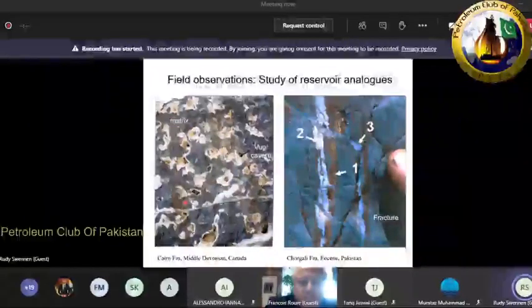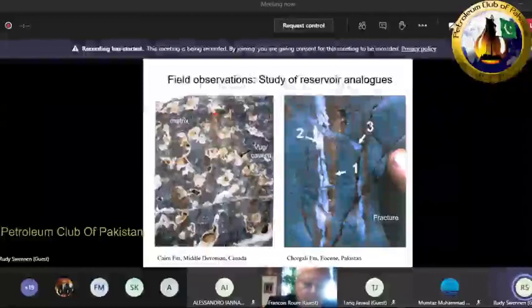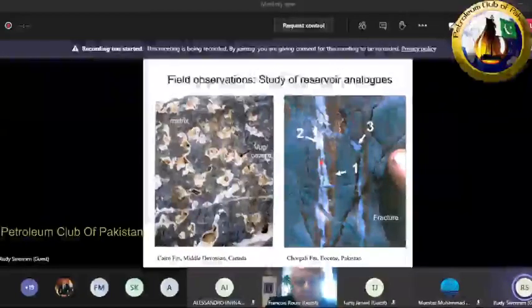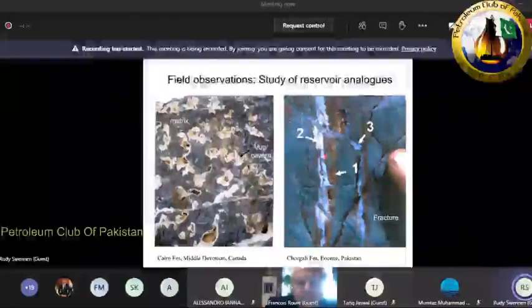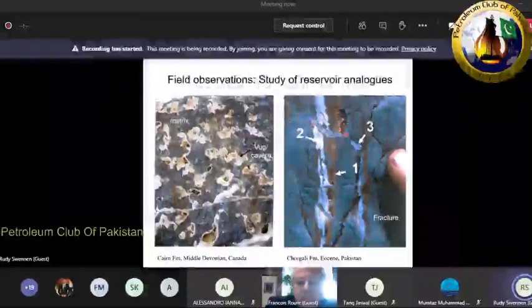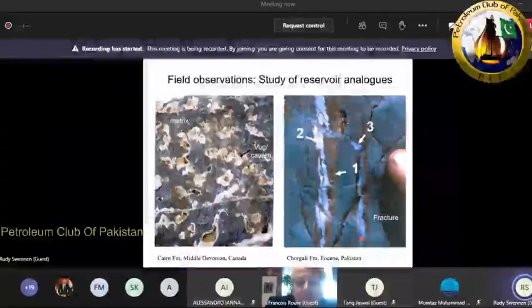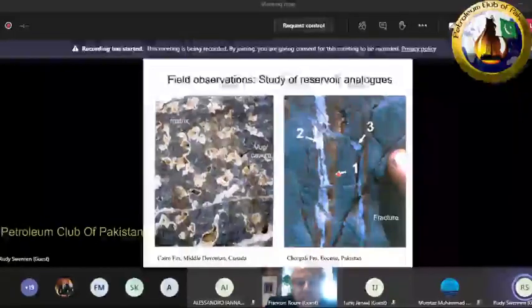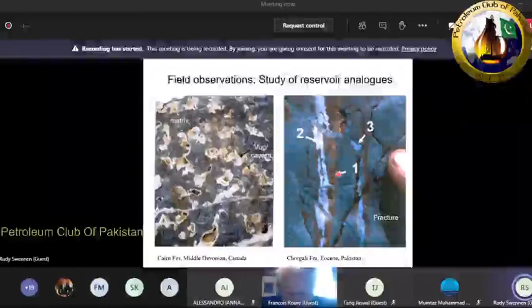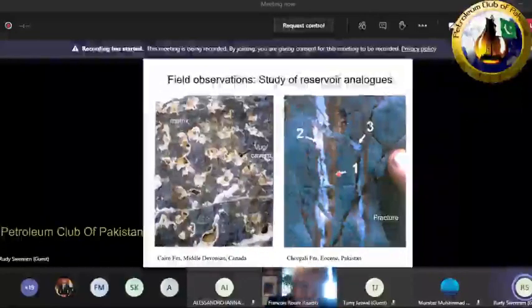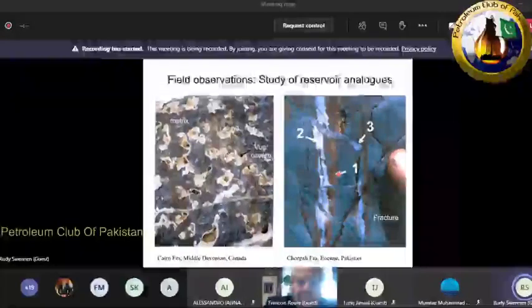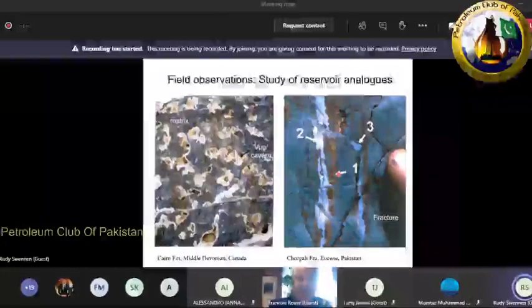So we have to explain how this kind of matrix porosity developed, as well as how, for example, here in the Chogali Formation in Pakistan, where we can see that we have different cross-cutting relationships between different veins, and where we have then to try to understand which type of fluids were involved and which type of tectonic regime controlled the flux of fluid flow.